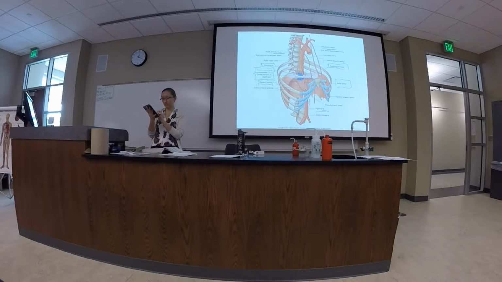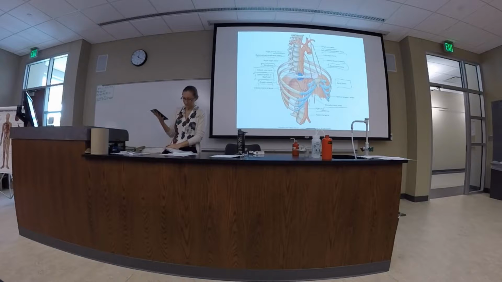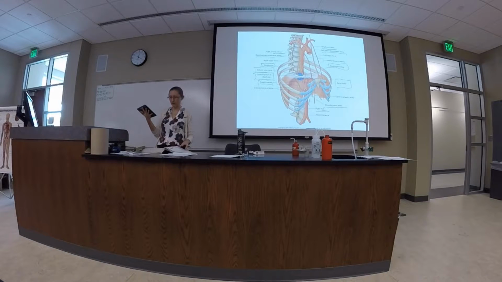I was looking for the superior phrenic, but I think they're showing them as the branches, which are the right pericardiacophrenic artery here, and the left one here. Anyways, we also have some arterial supply through some of the intercostal arteries, which they do not show here.